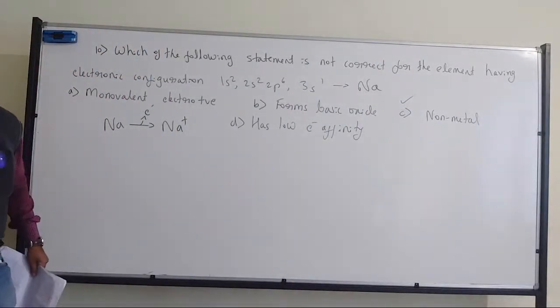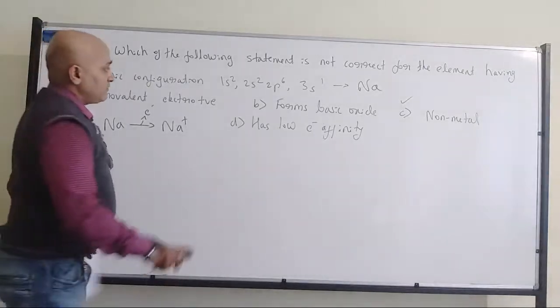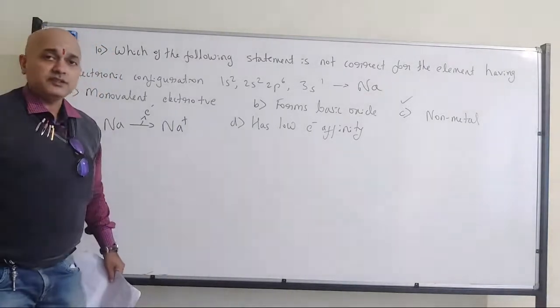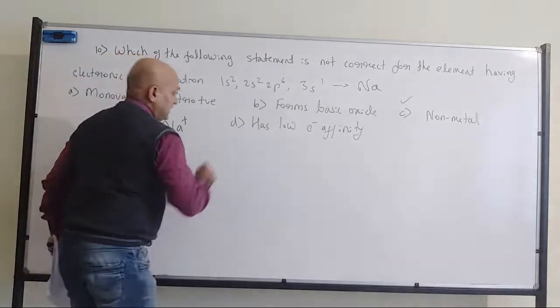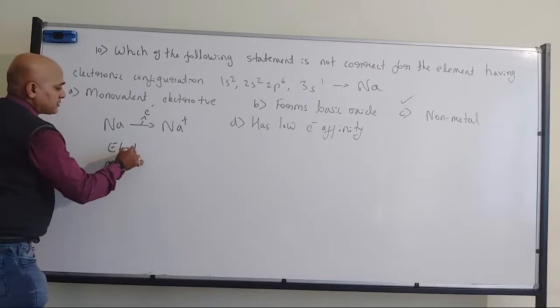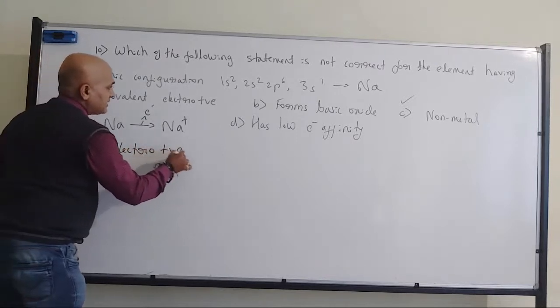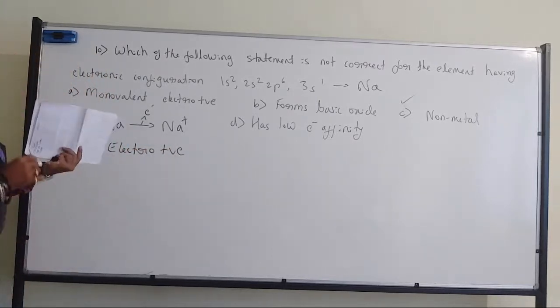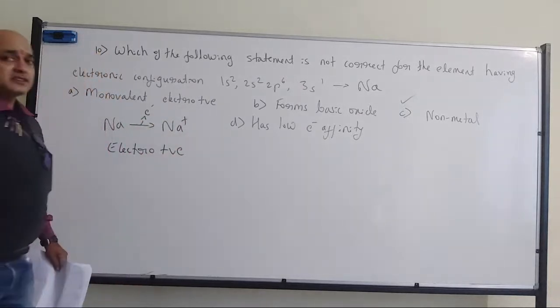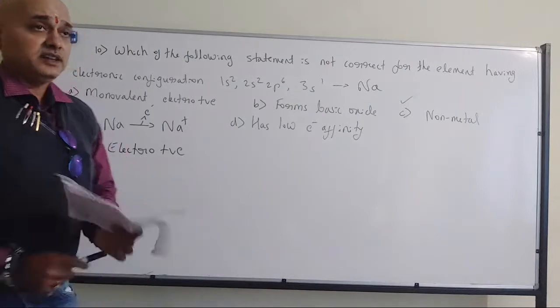So option A is absolutely fine. Then option D, low electron affinity, because it is an electropositive element.